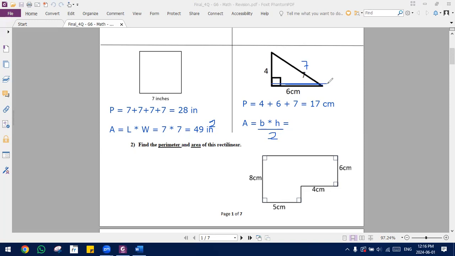This is the base, which is 6. This is the height, which is 4. So we say 6 times 4 over 2. It's easier if we do the division first. For example, 4 divided by 2 is 2. Then 6 times 2 is 12 centimeters squared.